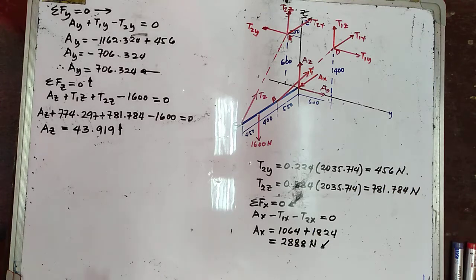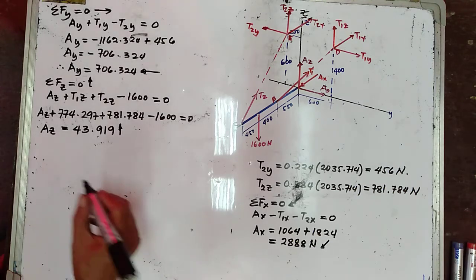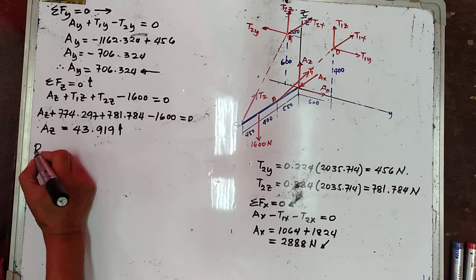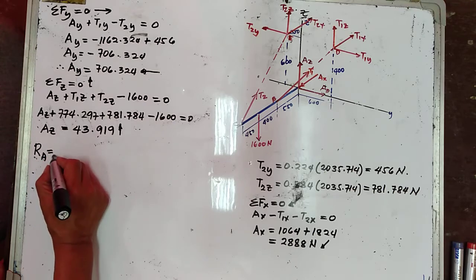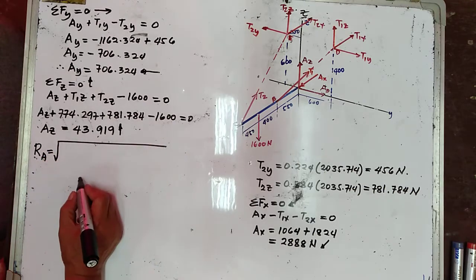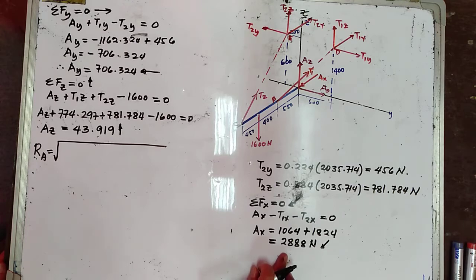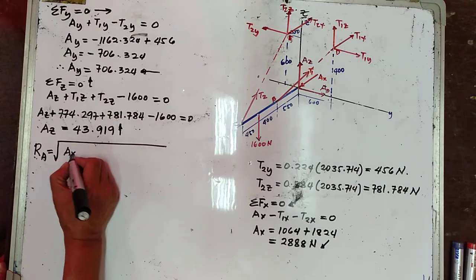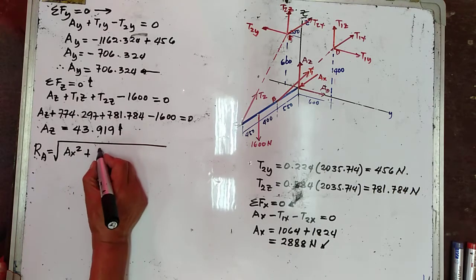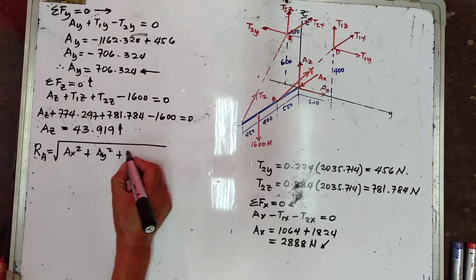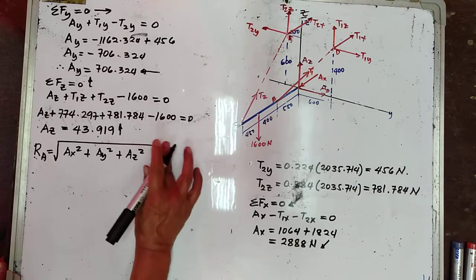Let's try to determine now the total reaction at point A. So the total reaction at point A is now equal to the square root of AX square plus AY square plus AZ square.